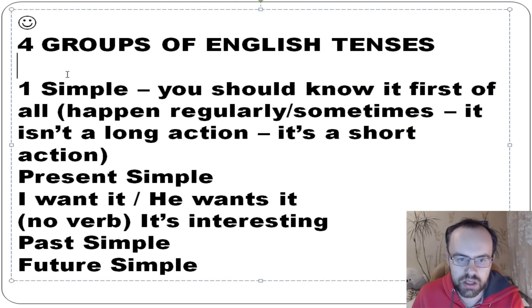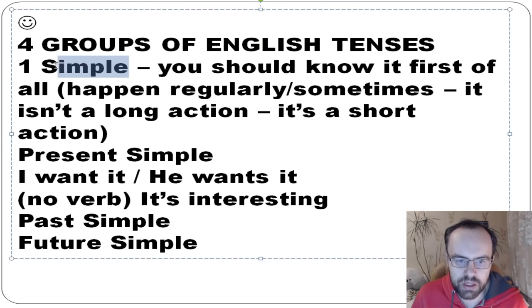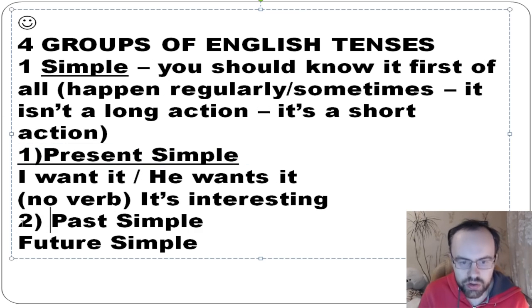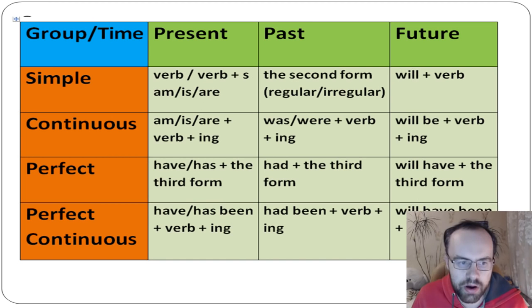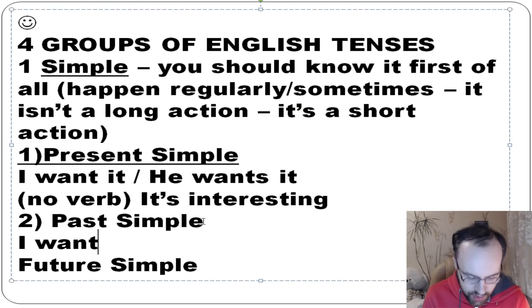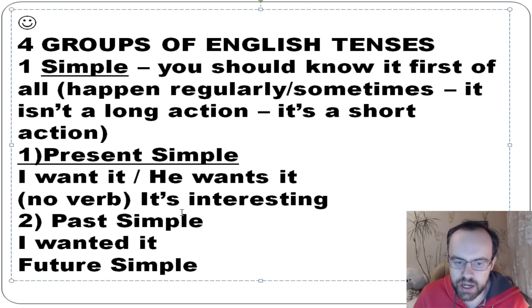Okay, good. So we are talking about this group, simple, and the first tense is present simple. The second tense is past simple, so it's a short action in the past. For a short action in the past, you need to know the second form. For example, I wanted it. It's the second form, and this verb is regular.